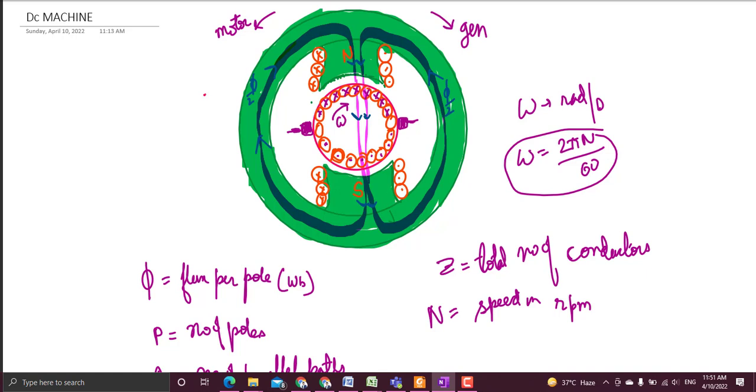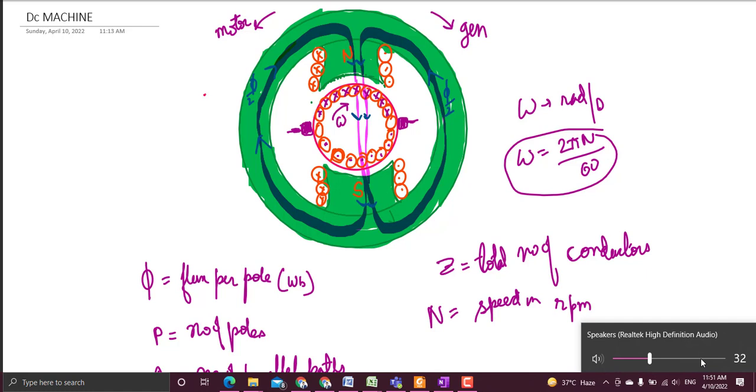In lap winding, the number of parallel paths is equal to the number of poles. So we increase the number of poles and we increase the number of parallel paths, and in that scenario the current rating of the machine increases.